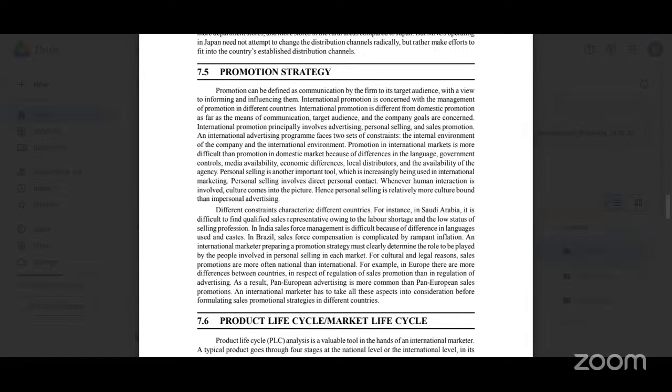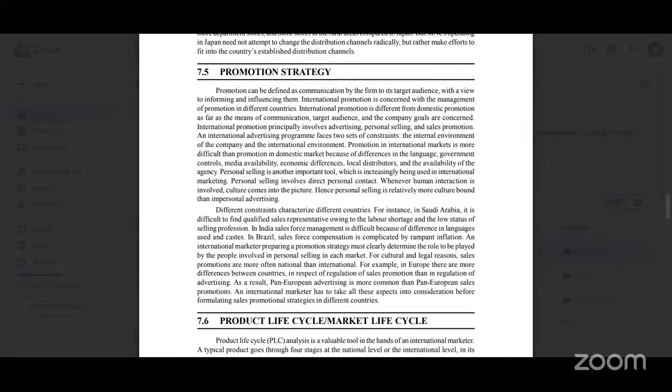I may use newspapers for printing local ads, things like that. However, if I'm taking the same product internationally, I will need to adopt different methods of promoting my product. So, international promotion principally involves advertising, personal selling, and sales promotion. So, let us look at all three of them: advertising, personal selling, and sales promotion.